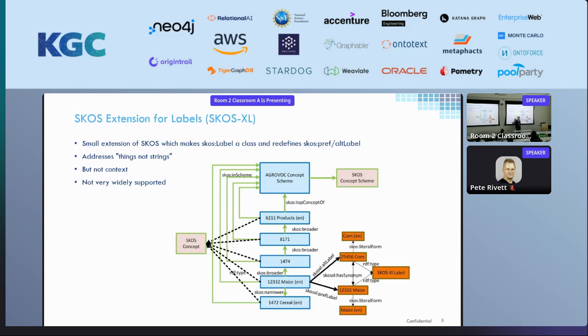This is just a little example I took from the AgroVoc ontology. I won't go into the detail, but what you can see at the right is the maize with a pref label and an alt label, and those are not just strings, they're objects in their own right, and they're of type SKOS XL label.